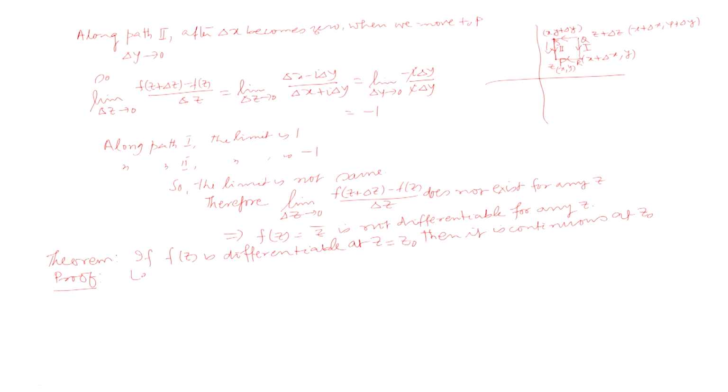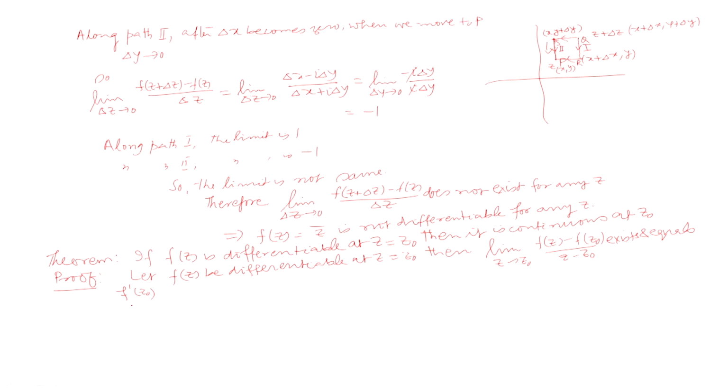So, let f(z) be differentiable at z equal to z naught, then limit z tends to z naught, (f(z) minus f(z naught)) divided by (z minus z naught) exists and equals f prime (z naught).